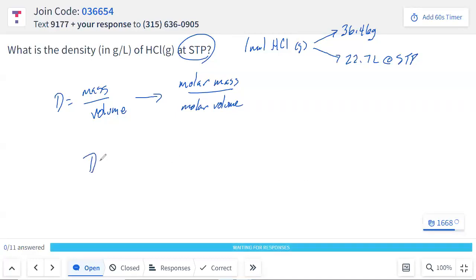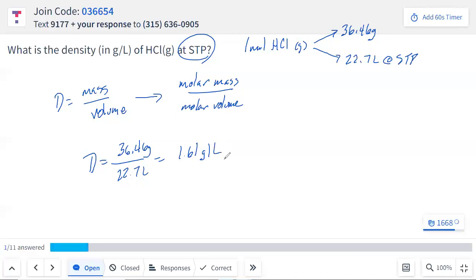So to find the density, I would just take that mass, 36.46 grams, divide by that volume, 22.7 liters, and I would get 1.61 grams per liter as my density. That would be a reasonable way to go about it.